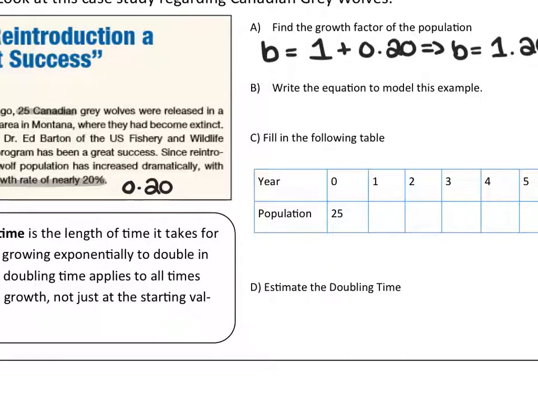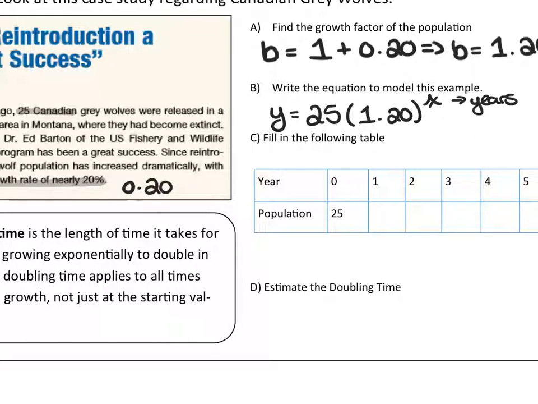We do y equals a, our initial value. Our initial value was 25 because that's what we started with. b is 1.20. And then x is the time, and in this case it is years. Just like that, easy peasy.